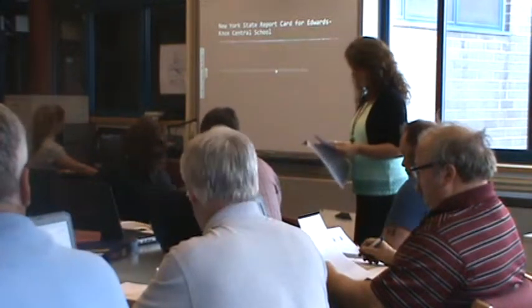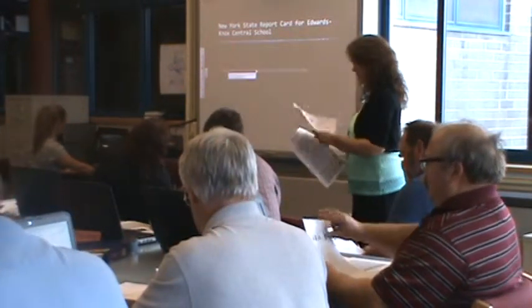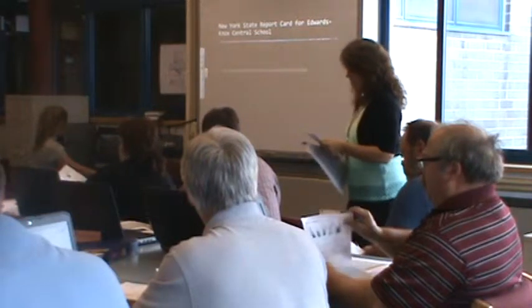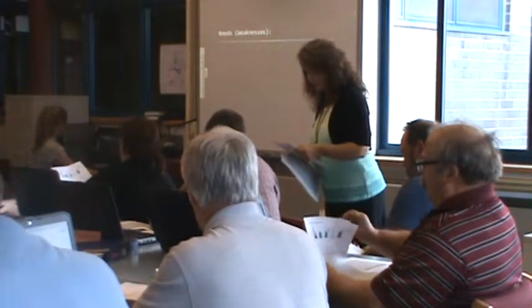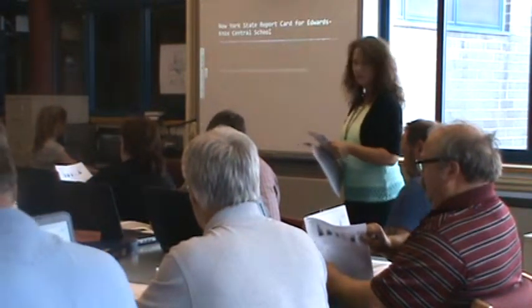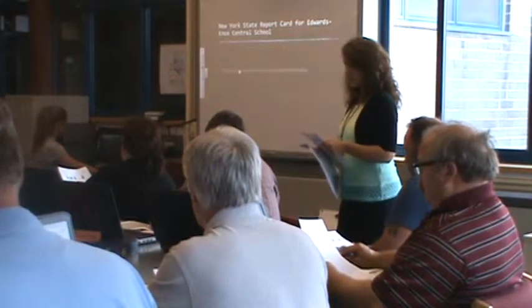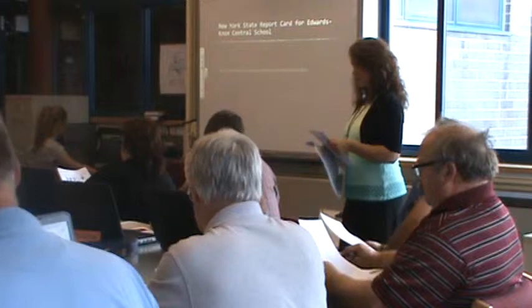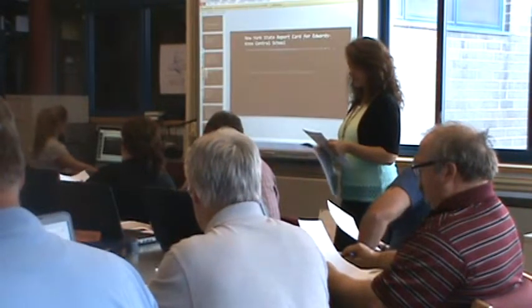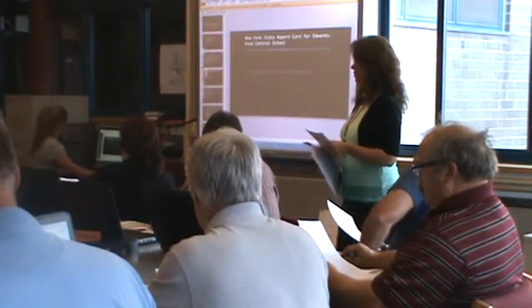If you look at the data on this particular sheet, and looking primarily at the lighter blue on the left, and the third piece of the graph, which is the purple, you can see our district, and that's our elementary, third grade English language arts, as compared to statewide scores.